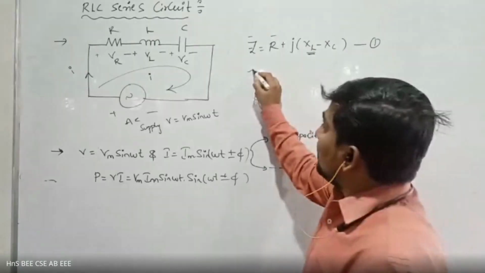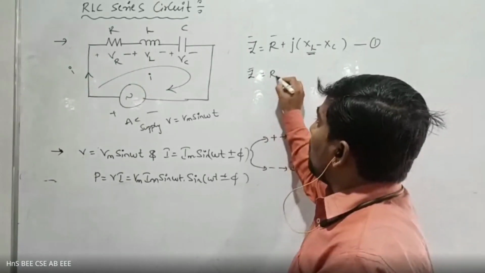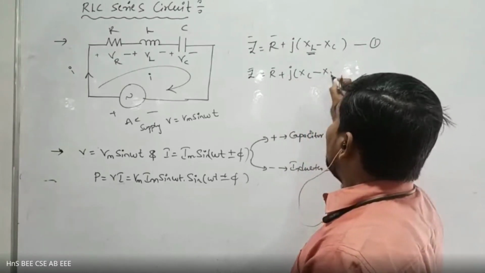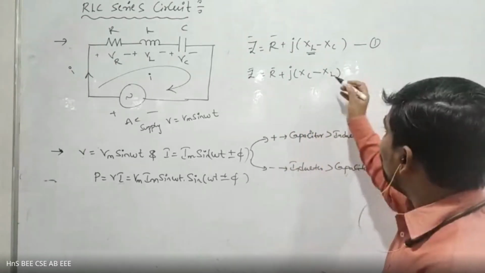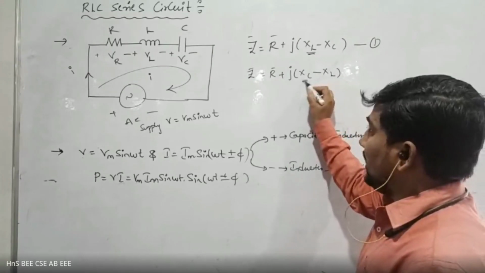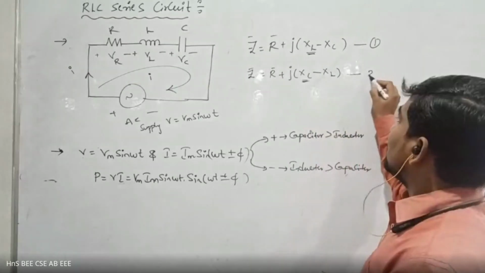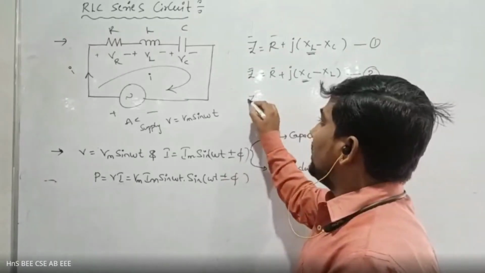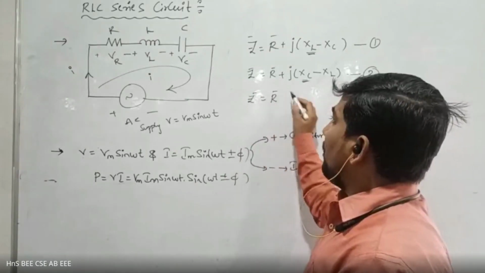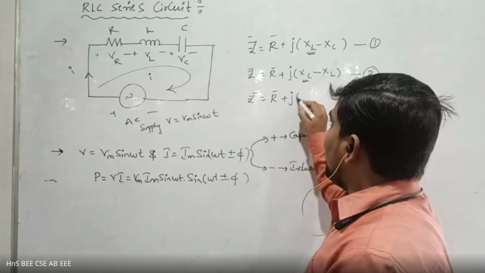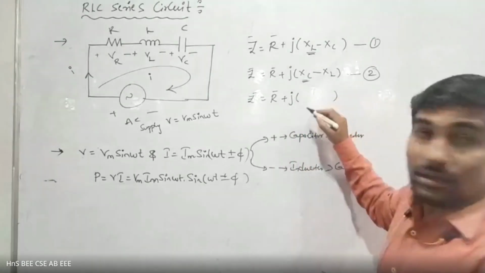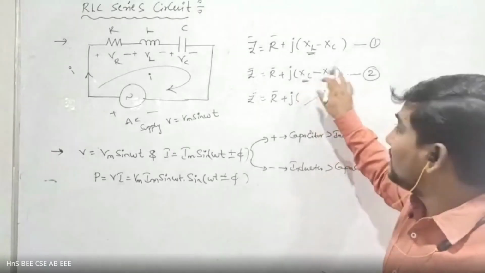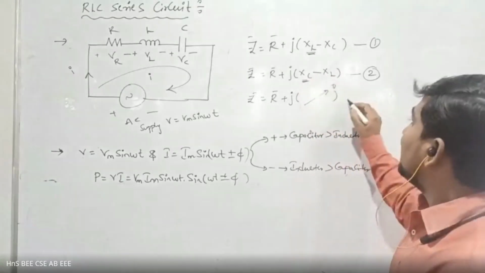If you are writing Z equal to R bar plus j into XC minus XL, and XC is the higher value, then that is called the second case. We have another case also: Z equal to R bar plus j into, if it is 0, that is XC minus XL or XL minus XC is 0, then that is called the third case.